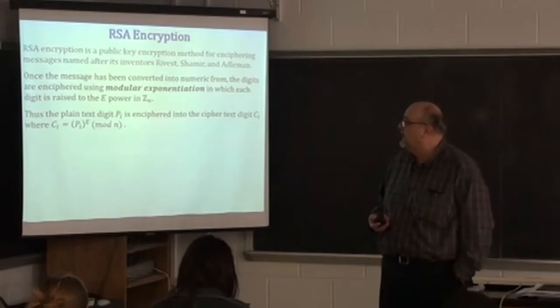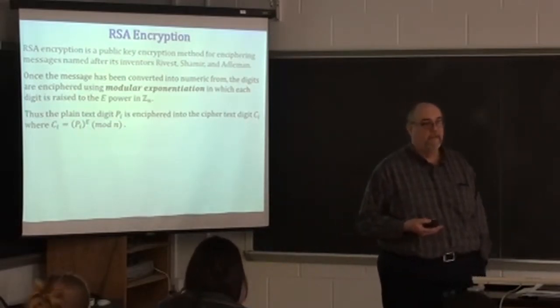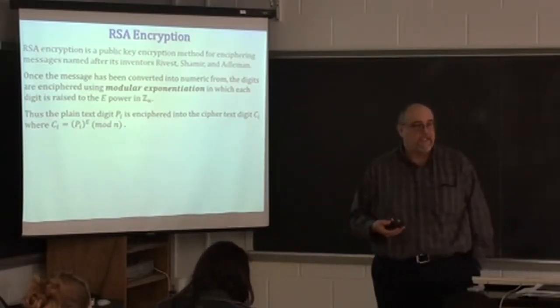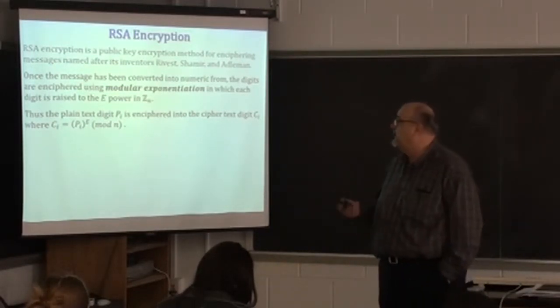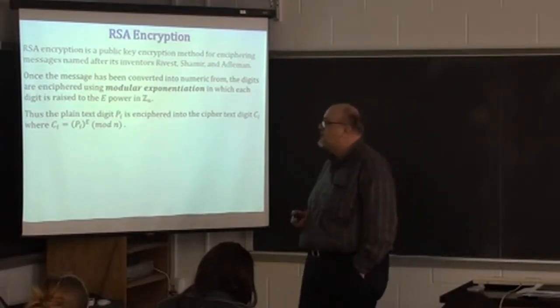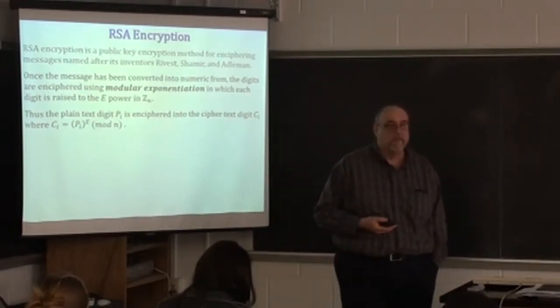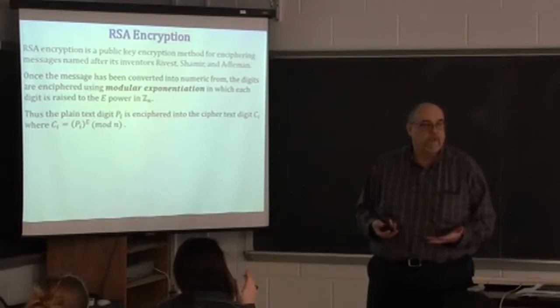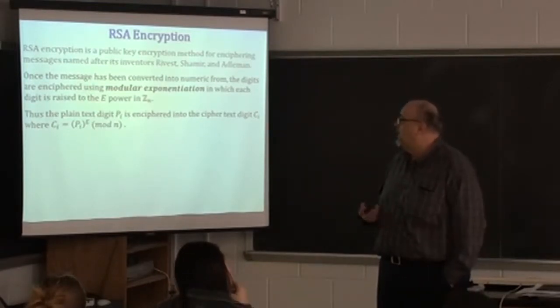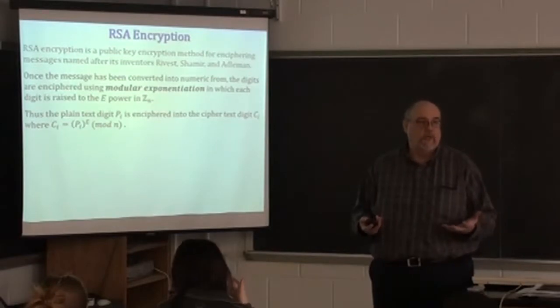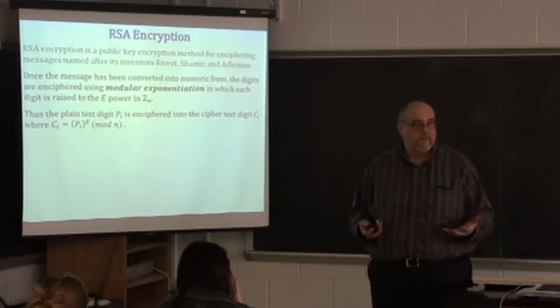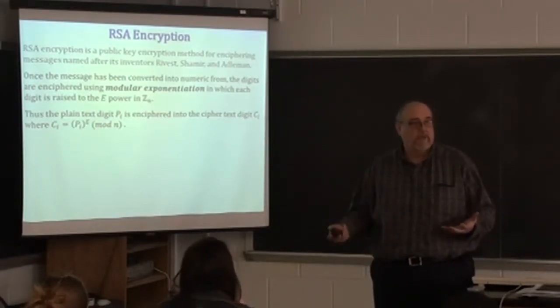So we're going to take the digit P, raise it to some exponent e, which is a fixed number, and then mod n, which is another fixed number that will be determined. Once we do that, we get a new number. That new number is the coded number. Then it has to be decoded once received.